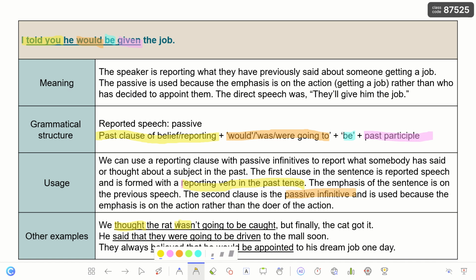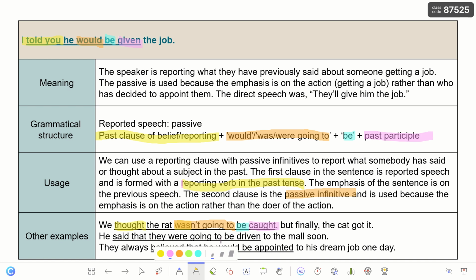Wasn't going, here I need to use this one. Wasn't going to, what? Be caught is the indication of using passive. I didn't say who's going to catch the rat, but I'm just focusing on the action itself, that the rat wasn't going to be caught.